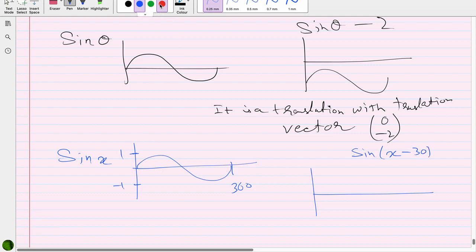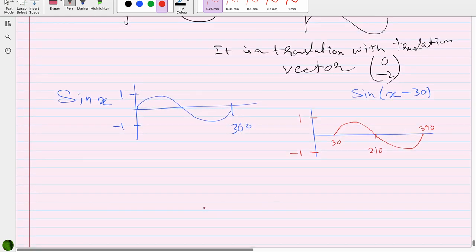Minus means it is moving towards the right. 30 means it starts at 30. So this was 180. 180 plus 30 is 210. 360 plus 30 is 390.